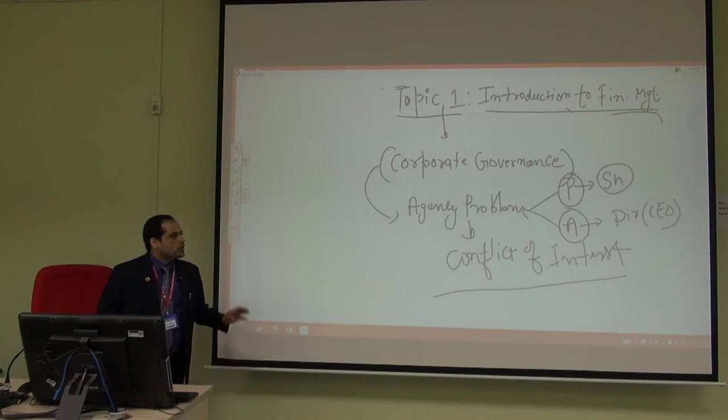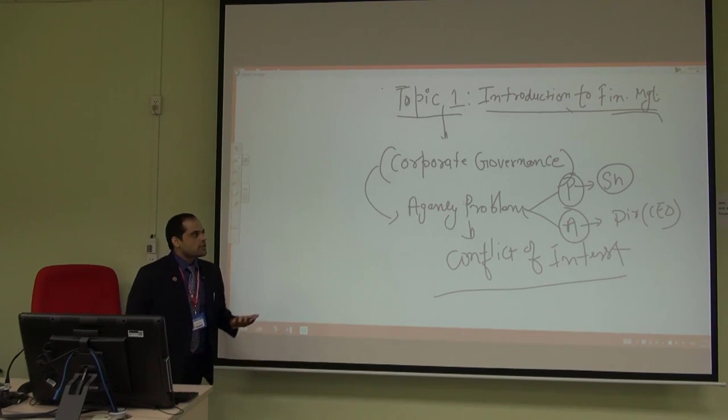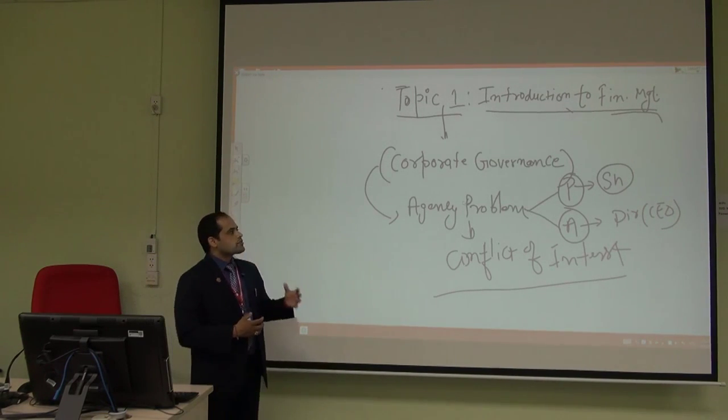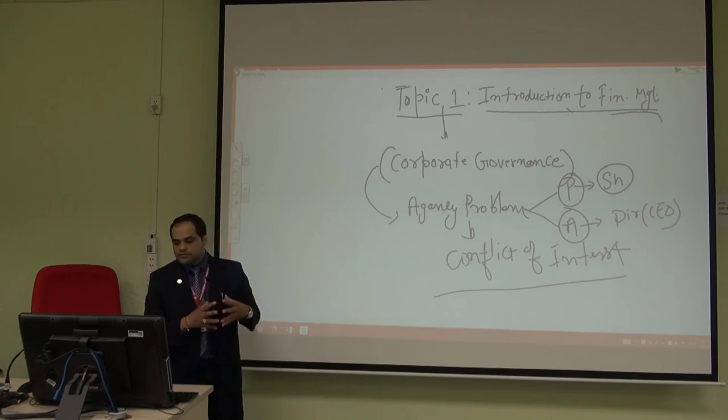So there is a conflict of interest between shareholders and directors. Shareholders want the company to be run in a more legitimate way. On the other hand, the agent doesn't want to work in the best interest of shareholders. So that's why they are going to have problems and issues.